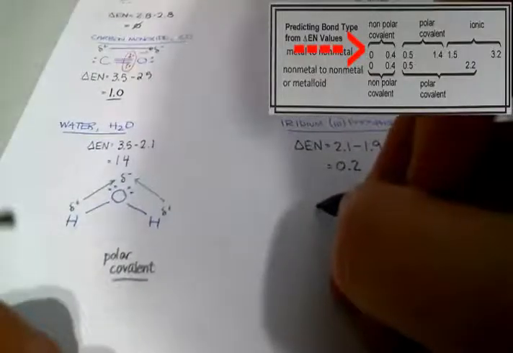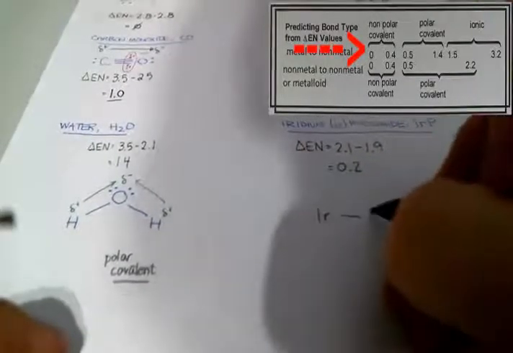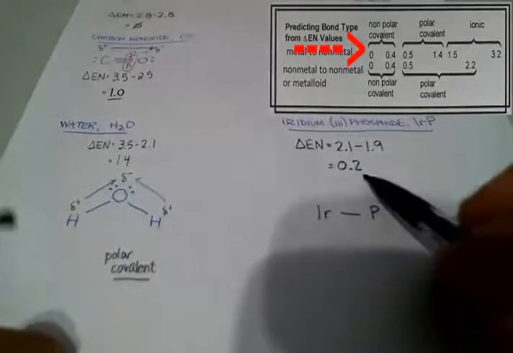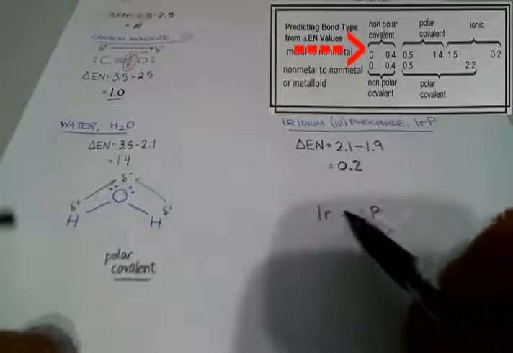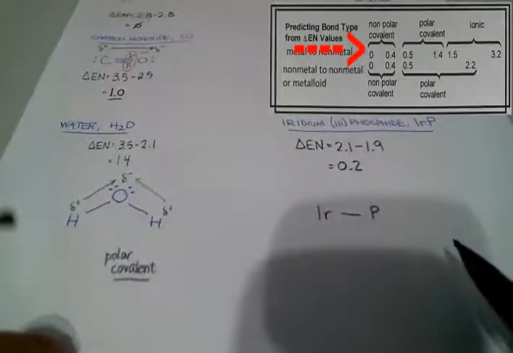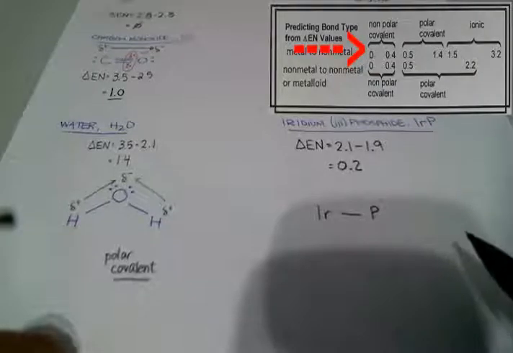It's a metal and a non-metal, so we're going to look at the top of the table there, and we're going to find that this is a non-polar covalent bond. So again, it's going to share the electrons. We're going to draw a line, but because this is so close to zero, iridium and phosphorus basically pull the electrons towards each other equally.